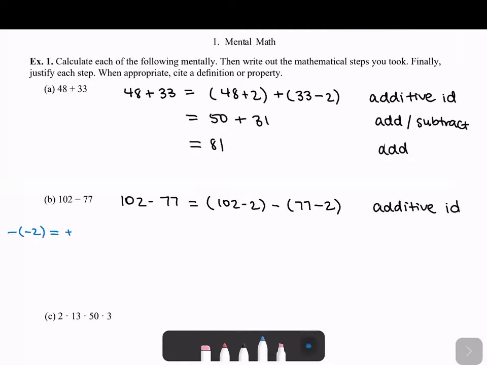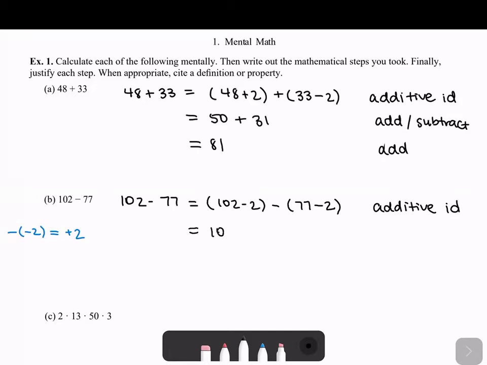Whenever we subtract 2 from the 77, it's really the same thing as adding 2 in this equation. So we subtract 2 from the 102, and then we add 2 to the 77. That's why we have compensated for subtracting 2 from the 102 by adding 2 to the 77. It just looks a little bit different because of the subtraction sign, but it's really the same thing.